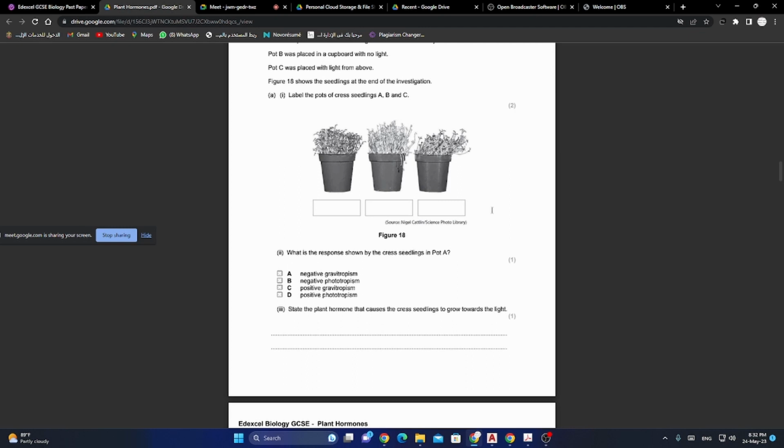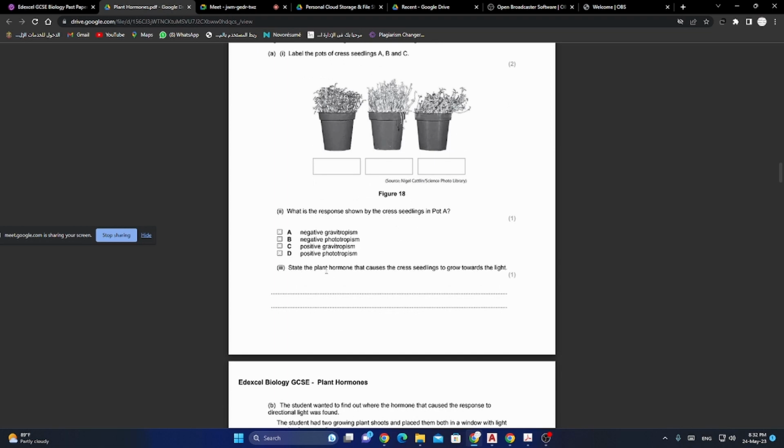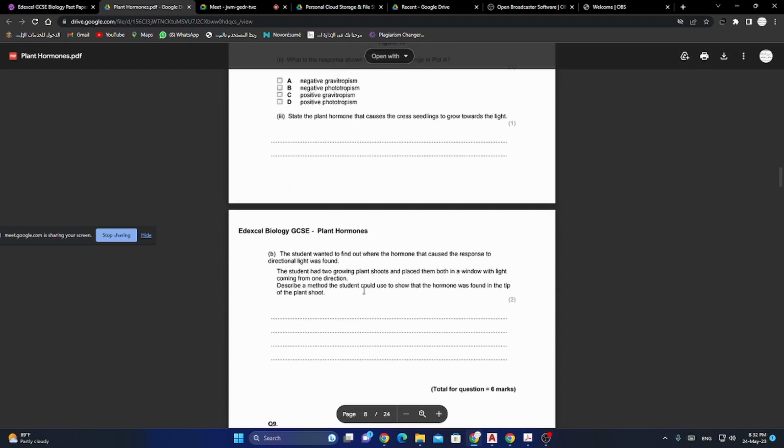What is the response shown by the seedlings in pot A? Right, because they're growing towards the light. Say the plant hormone that causes the response.